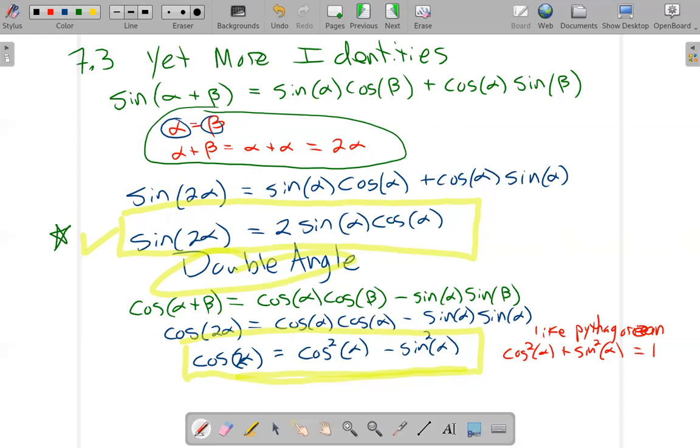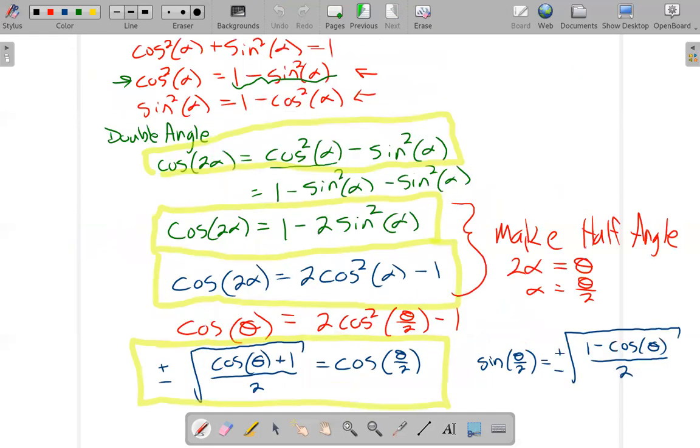For cosine, there are multiple double angle formulas, and I have this one at the top of my head. I also have the Pythagorean theorem. We've been doing that since pretty much day one of the course. If you know the Pythagorean identity, you can easily switch that first version of the cosine double angle, that was supposed to be a star, there we go, to these two.